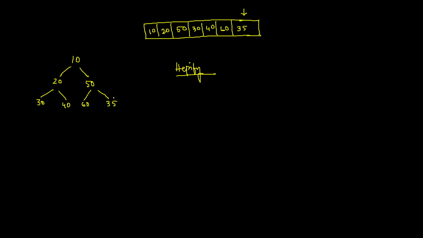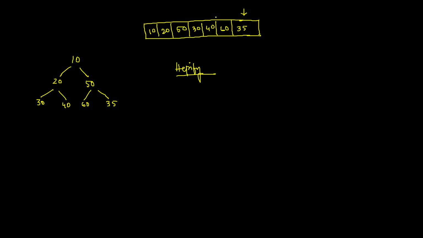We will check this one and this one first, and their corresponding parent. First we have to find out the maximum value between 60 and 35, that is this one and the just previous one. Whoever is greater, we have to check with their corresponding parent.